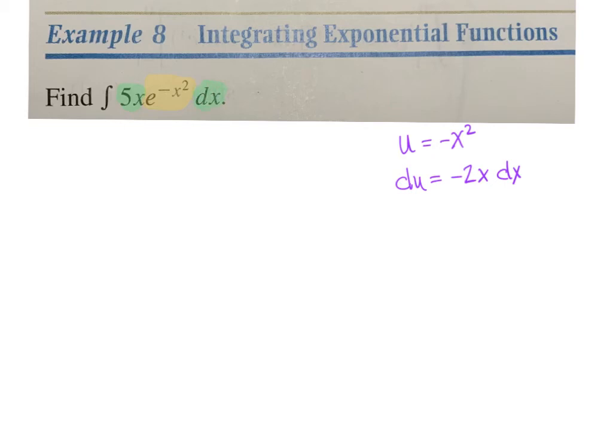So I would have to multiply both sides by negative 5/2 to make that negative 2 a positive 5, right? So that just means my final answer is going to have this guy in it, negative 5/2. So my answer is going to be negative 5/2 times my function that I talked about here, e to the negative x squared, all right?